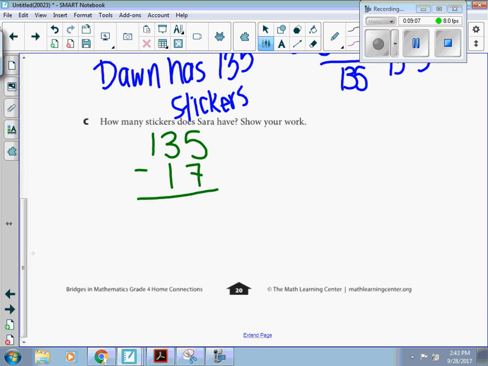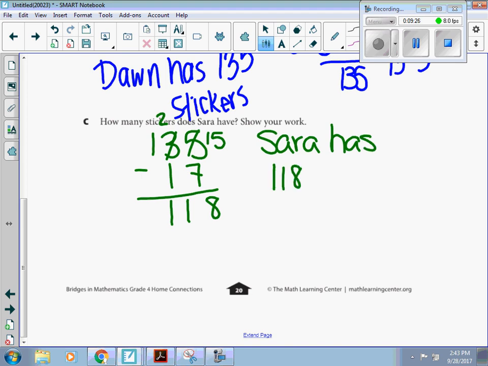I can't take 7 from 5. 15 minus 7 is 8. 2 minus 1 is 1. And 1. So Sarah has 118 stickers.